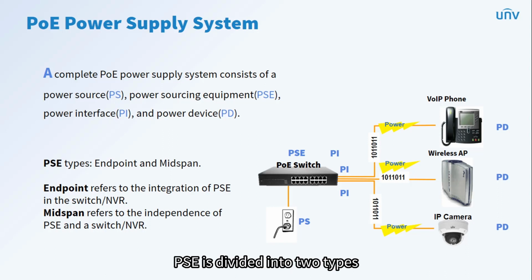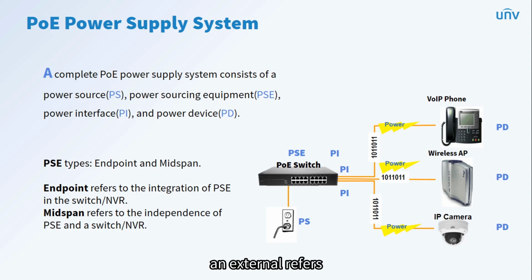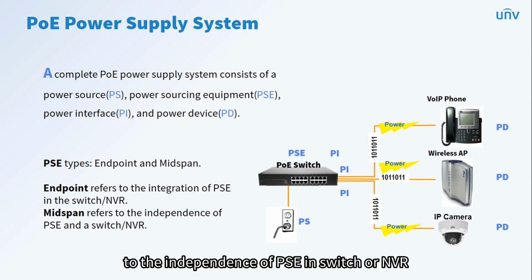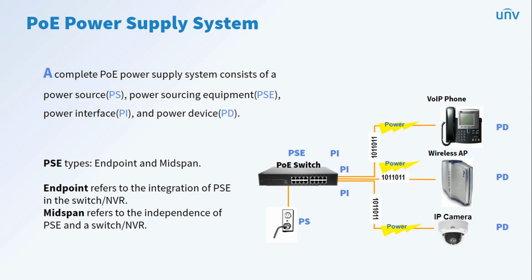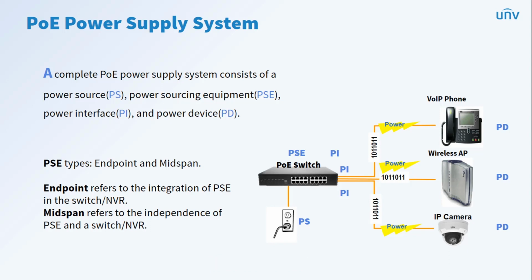PSE is divided into two types: internal, endpoint, and external, midspan. Internal refers to the integration of PSE in the switch or NVR, and external refers to the independence of PSE and switch or NVR. The main functions supported by PSE include finding and detecting PD, classifying and supplying power to PD, power management, real-time monitoring, and detecting whether the connection with PD is disconnected.